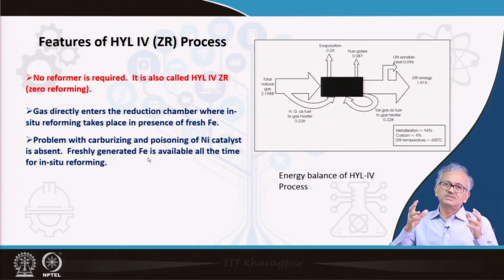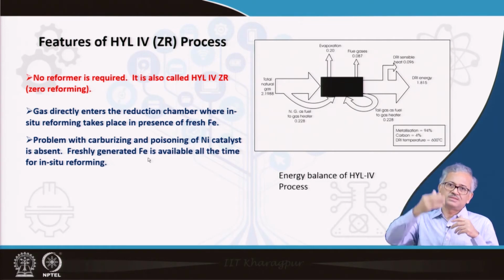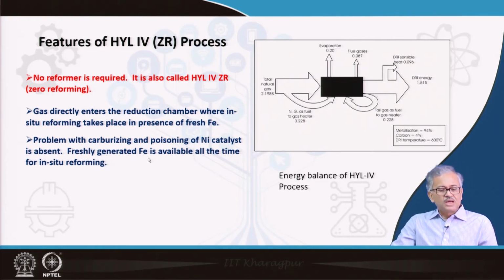Here you always have the nascent iron that catalyzes the process, and then it moves down, gets carbonized and goes out, and again nascent iron is always coming. So that is the advantage of this ZR. It cuts down the cost of the catalyst and also the replacement of the catalyst. So all the cost involved is not there.